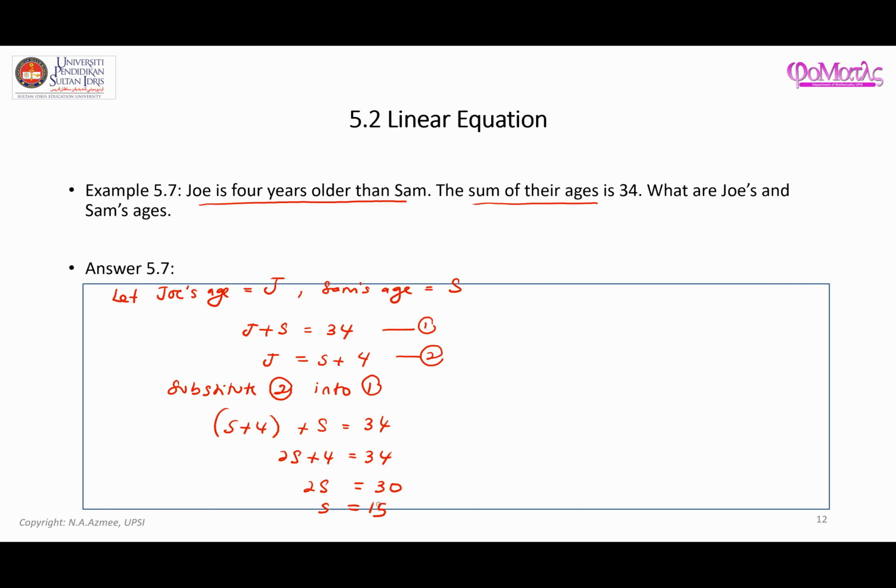Therefore, S must be 15. So what is S again? Sam's age is 15. And since Joe is 4 years older than Sam, Joe's age is 19.